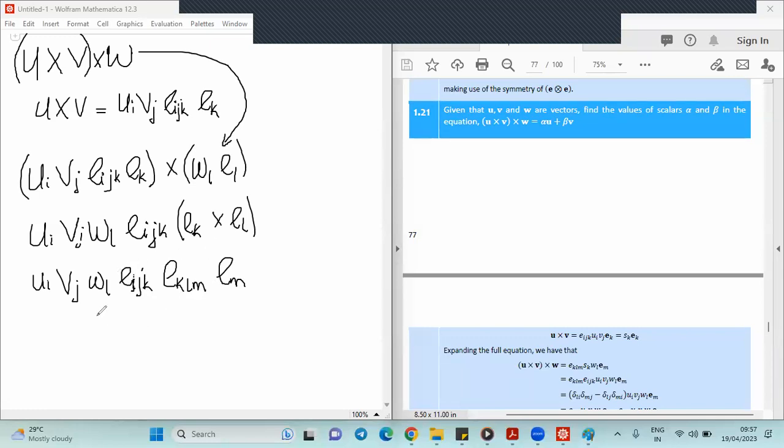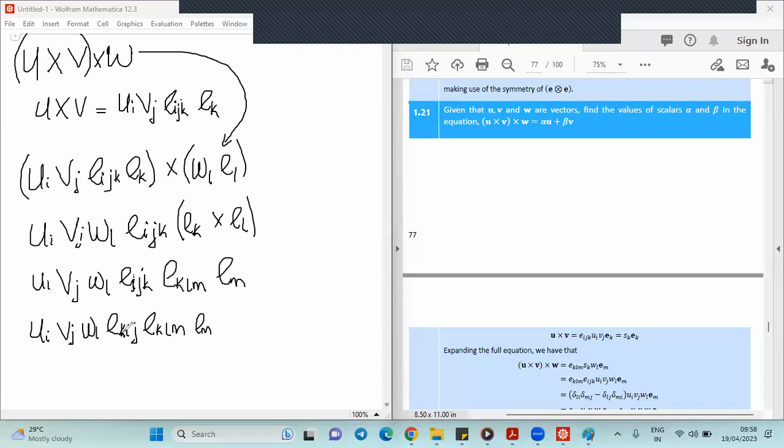Okay. So we're essentially going to have UI, VJ, WL, EKIJ, EKLM, EM. Great. K and K are in the same place. When we have two Levi-Civita symbols, I think I might need Dr. Adilmi at some point to clear this up because I've forgotten the name.